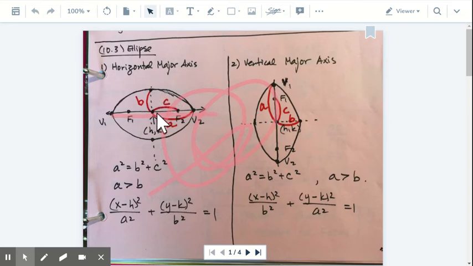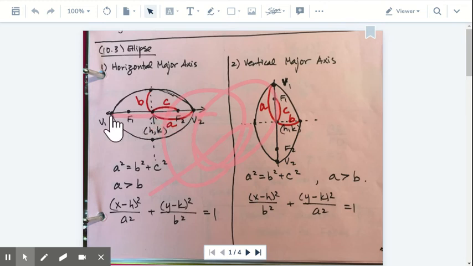These 2 points here are called covertices, covertex 1, covertex 2. That doesn't come into play yet, so you can write those in if you want to. But what's important here is this A, B, C. These distances are defined as: distance A is the distance between the center and the vertex.